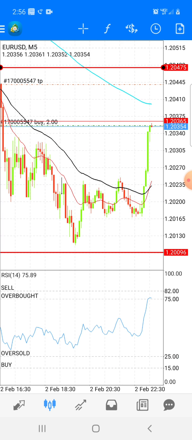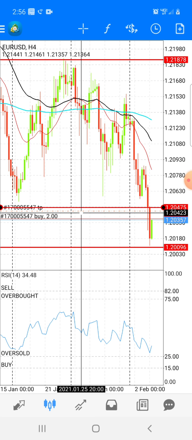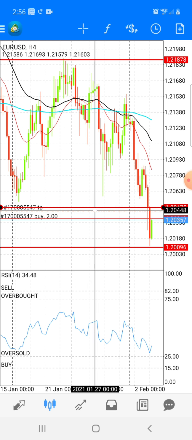But that's the reason why I say take about 80% of your trade, or 80% of your take profit. Typically what people like to do is they come to H4 or H1, right? And this right here would be the support.